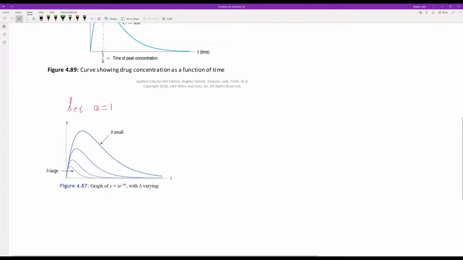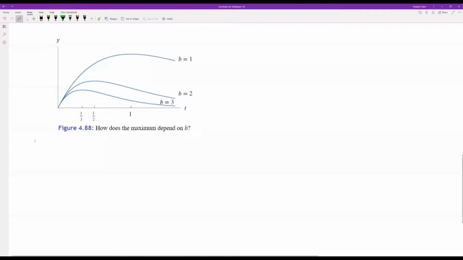Let's look at another variation of this. Here we pick some specific values for B: B equal to 1, 2, and 3. Remember that the peak happens at time equal to 1 over B. So when B is small, it's going to take longer for the function to hit the peak. In this case, t is 1/1, which is 1.